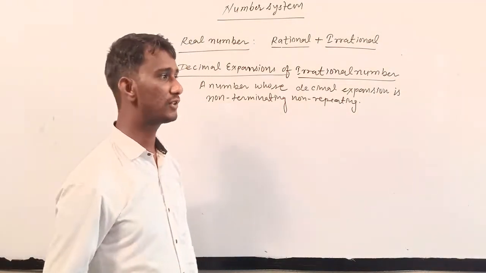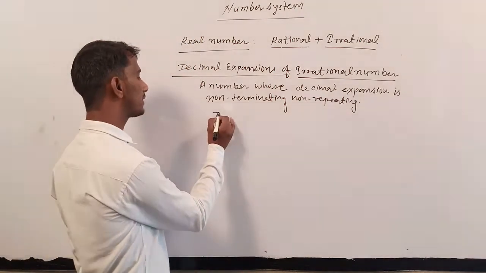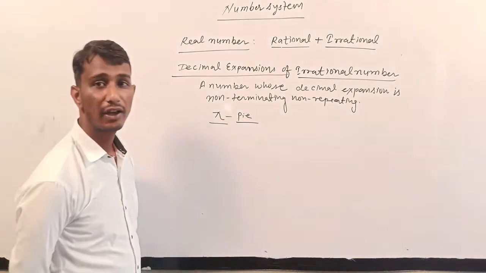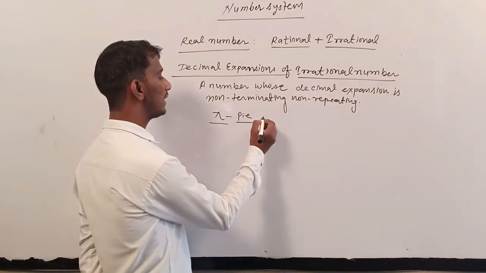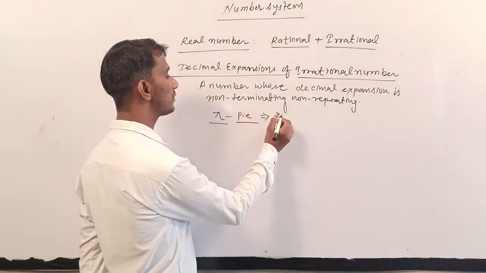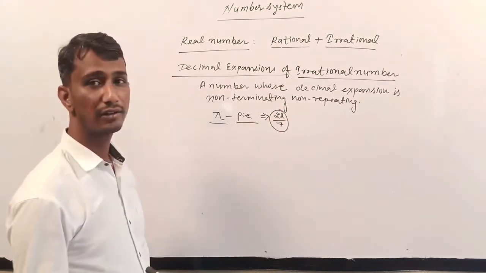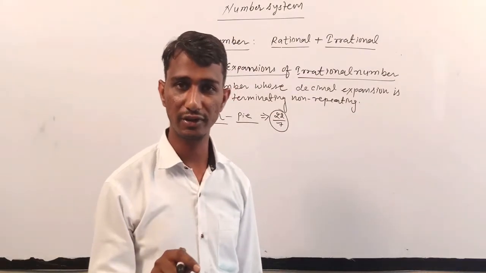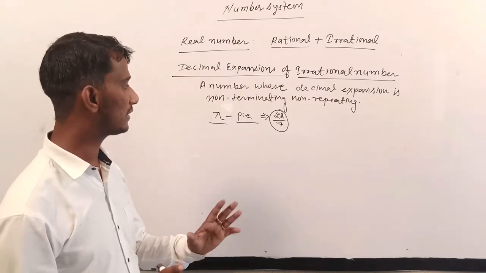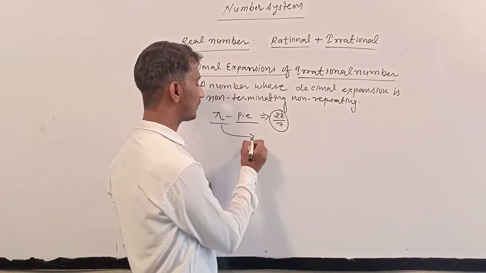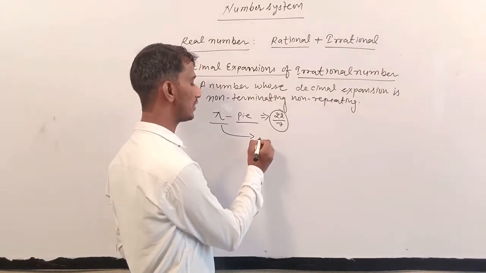For example, dear student, you know very well this symbol pi. Generally, in mathematics it is represented by 22/7, but this is only for getting an easy solution. This is not the correct form. This is only an approximation of pi, but pi is an irrational number.